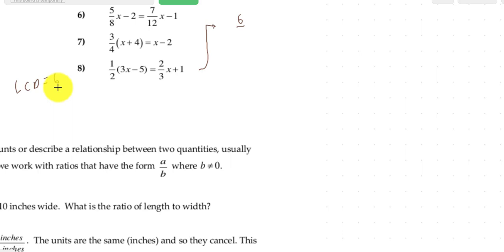So if I do 6 over 1 times 1 over 2 times the 3x minus 5, and then equals 6 over 1 times 2 over 3x plus 6 over 1 times 1. Right? By doing that, we can kind of get rid of all the fractions, right?